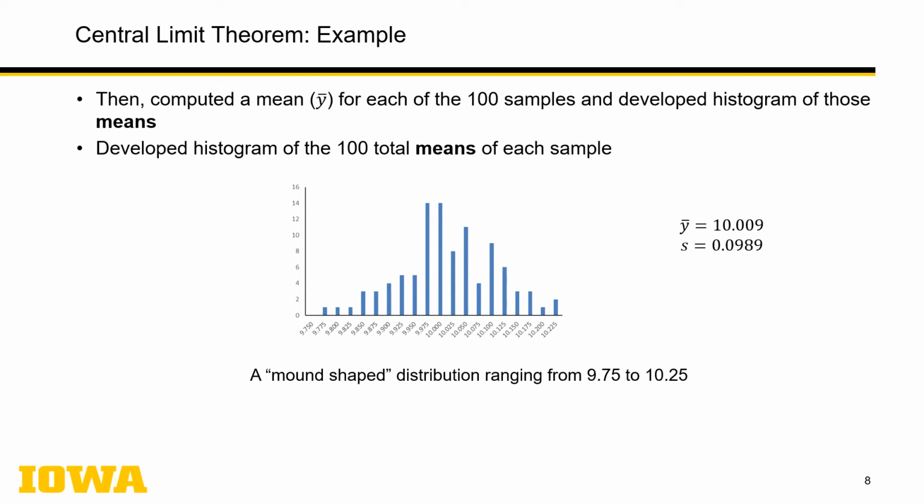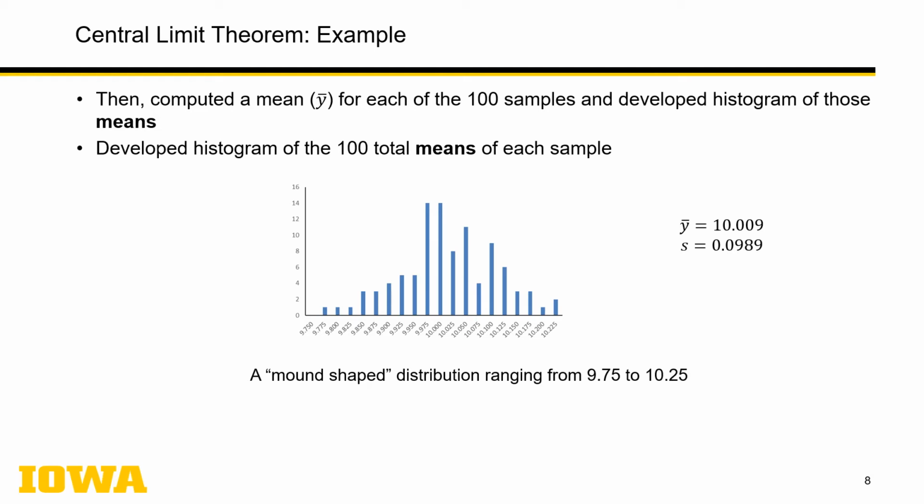Right now I have 100 means, and again, they're not exactly the same, so they have a distribution, and that's what you see here. But we wouldn't expect that the distribution of the means would be as broad as the distribution of the observations, right? The means will be packed very closely to the center of the distribution of the observations because they're the means.